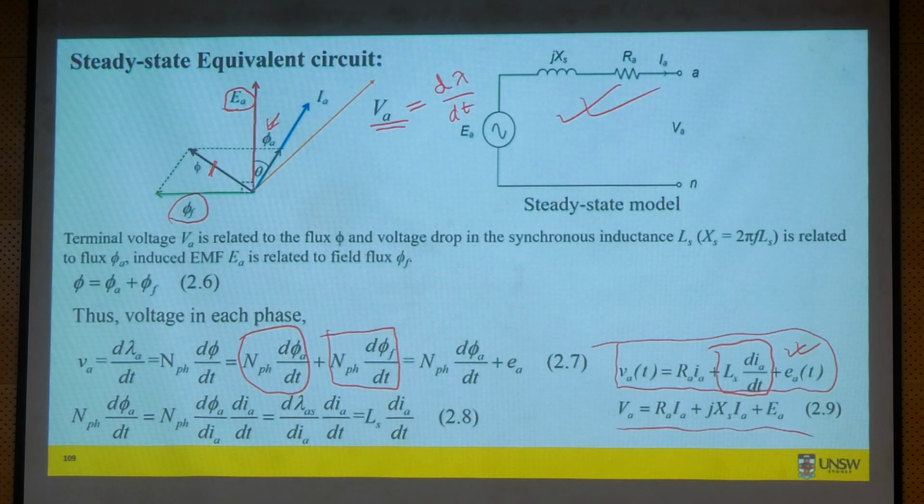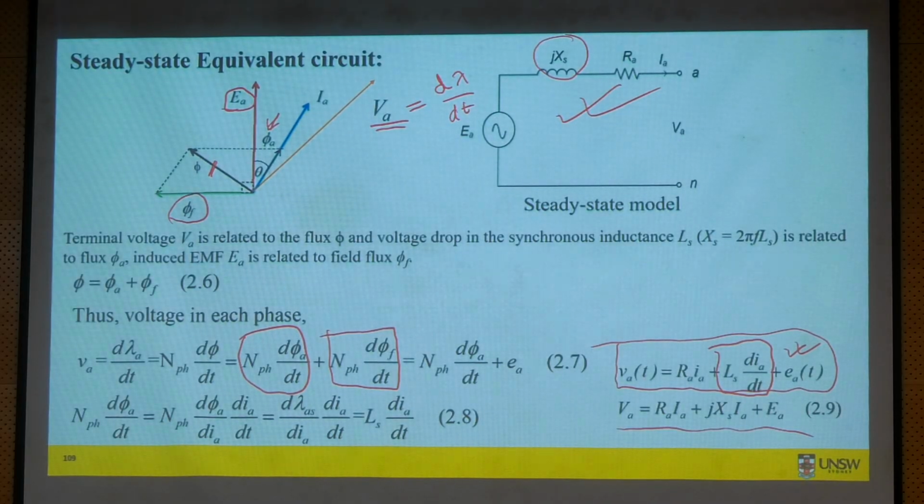Okay. Now here, one thing you should note is that this reactance or this inductance is not self-inductance or mutual inductance, but the synchronous inductance, right? So what is the synchronous inductance? How is it different from self and mutual inductance?